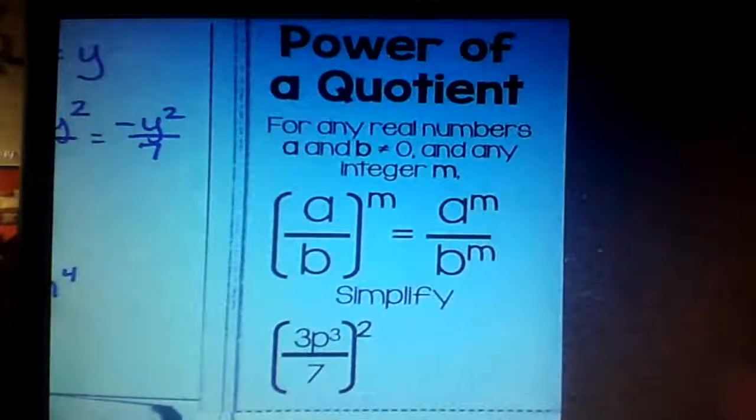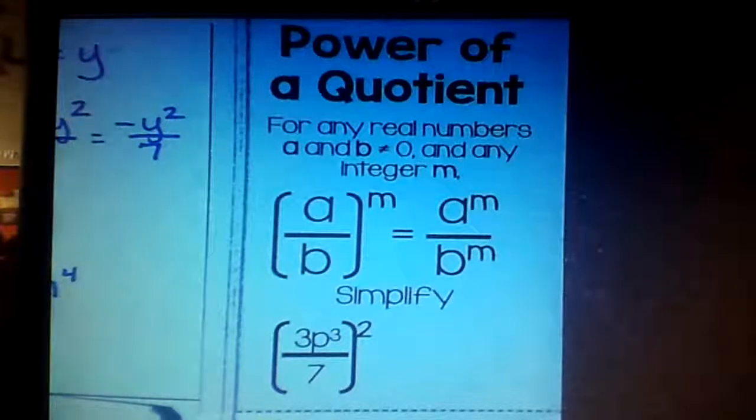Power of a quotient. So now I'm still dividing, but now I'm going to take that division and raise it to an exponent. Just like I had a product inside of the parentheses, and I took that exponent and multiplied all the exponents on the inside by the exponent on the outside, we're doing the same thing here.